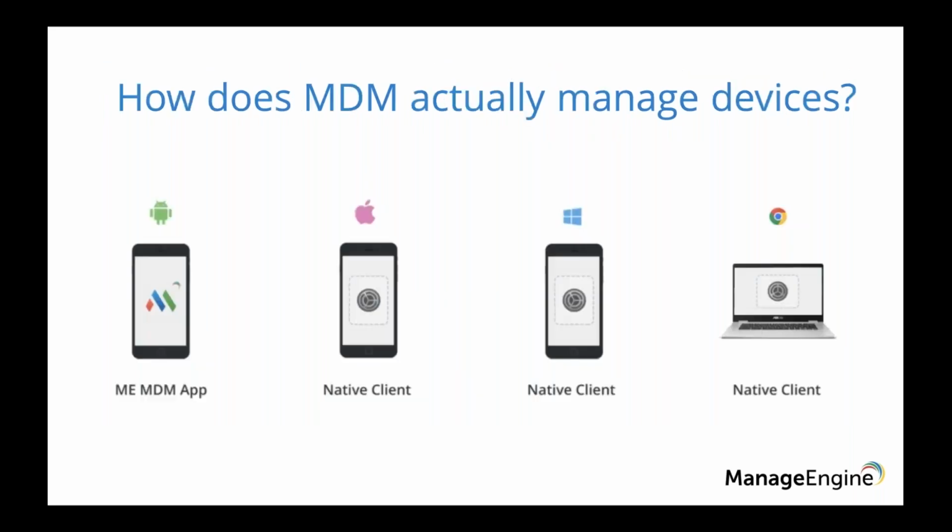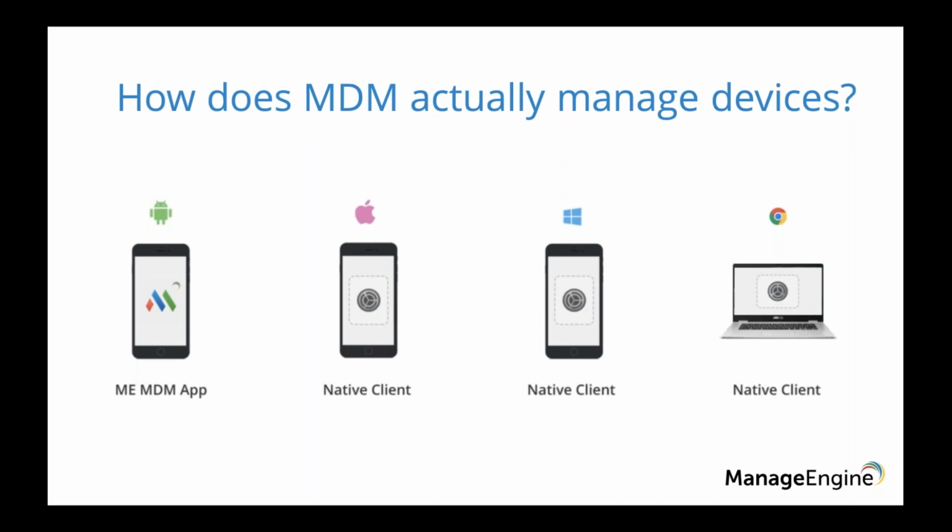So now that we have talked a lot about managing the mobile devices, we see how in present terms we actually manage these mobile devices. Here, first we would take Android as an example. Android would use the MDM application to manage the mobile devices. But if you go for iOS, like Apple devices, Windows, or your Chromebooks, we would make use of the native client that is provided by the manufacturers.